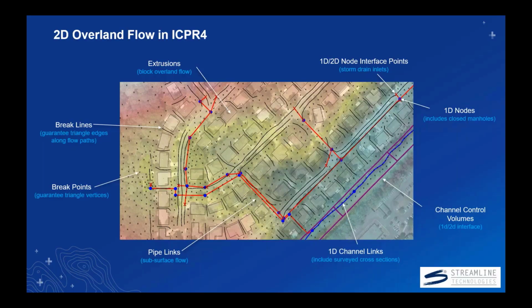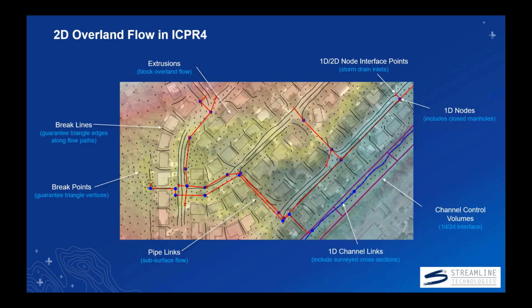We can put in something called a 1D/2D node interface point, which is an interface between the 2D computational mesh and the 1D drainage structure. So for example, in a roadway, if you have a curb inlet, you could place a 1D, 2D node interface at that location and then literally model the hydraulics of the inlet. And then that might drop into a catch basin with a closed manhole cover on the top.